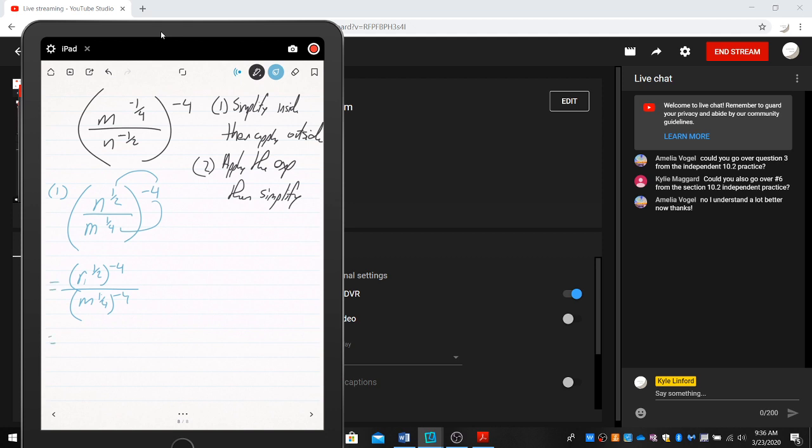Half of negative 4 is negative 2, so n to the negative 2 power. And 1/4 times negative 4 is just negative 1, so m to the negative 1. As we applied that negative 4 through, we're able to get whole numbers. Hey, cool, it worked out nicely. It's almost as if I planned that.